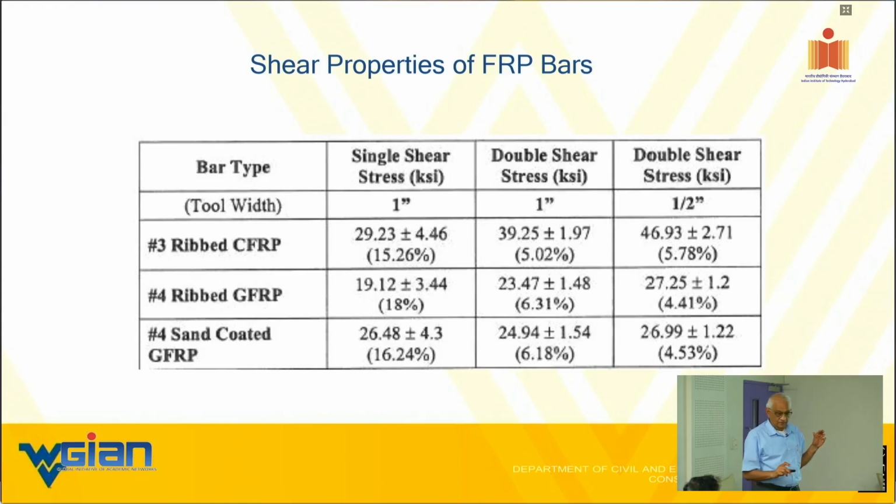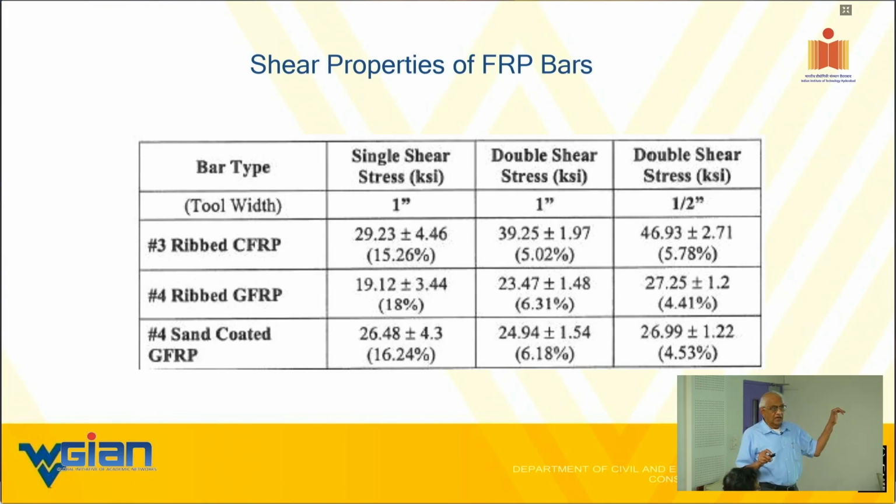See, as he was pointing out, these two correspond to double shear, which means there is a zero shear zone, therefore there is zero shear effect or influence as much as you have with the single shear. That is what caused it.